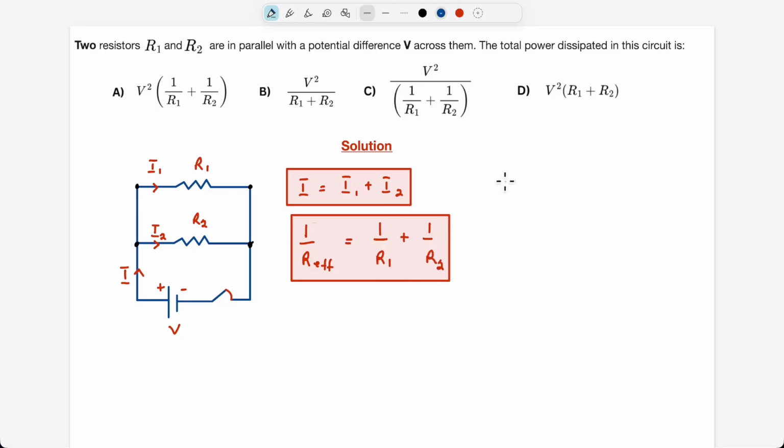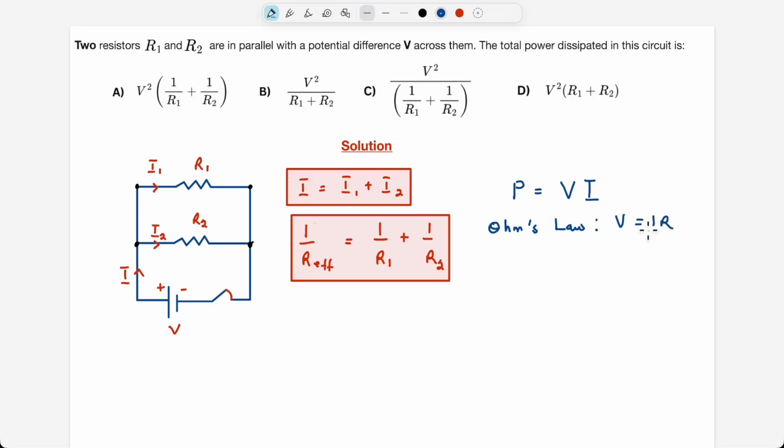The power dissipated in this circuit, that is the electrical power, is given by P is equal to the potential difference across the circuit times the total current. So with this, we can find the power. However, from Ohm's law, we know that the potential difference is equal to IR.